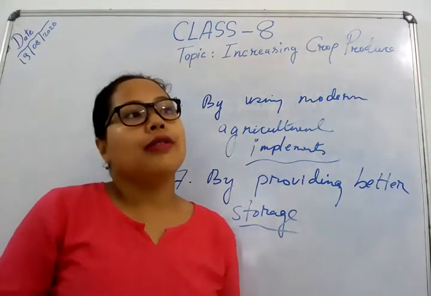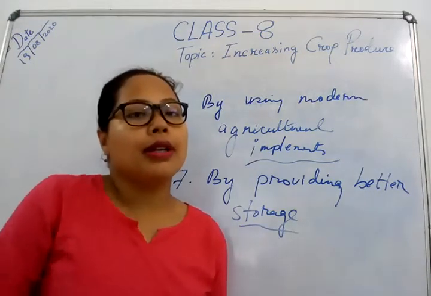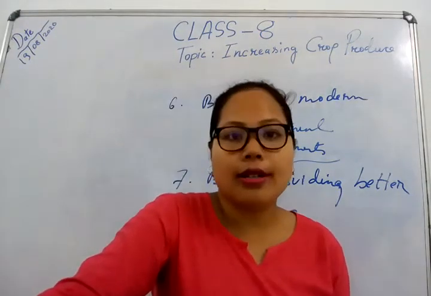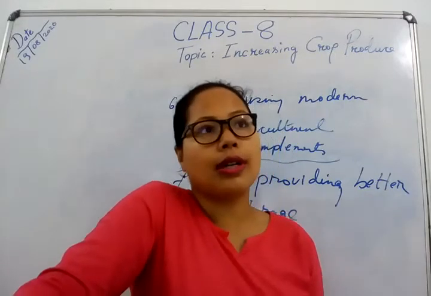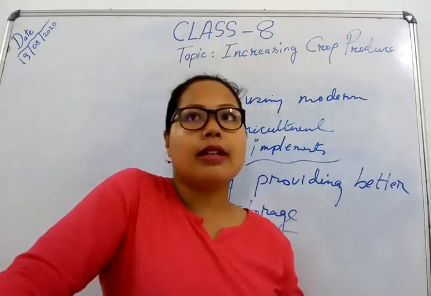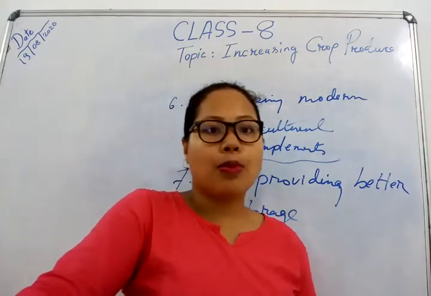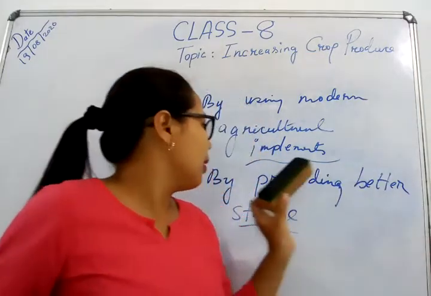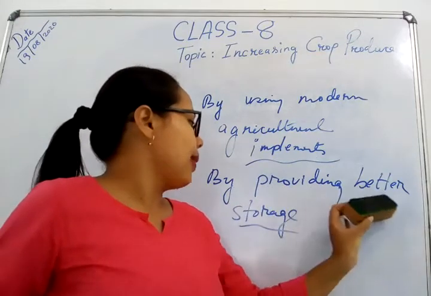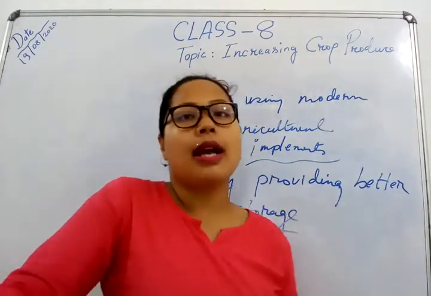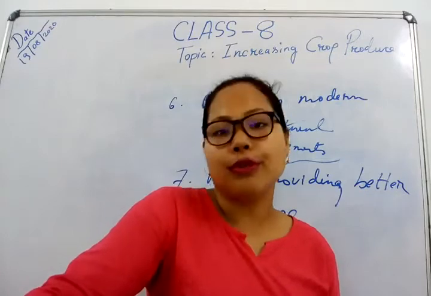Every year we get food grains, and if we don't store them properly, then definitely a huge amount of food grains will be spoiled or wasted. So providing better storage facilities will help to reduce the wastage of food grains.